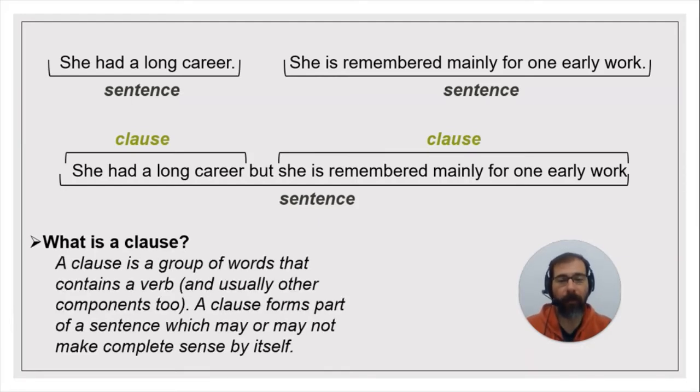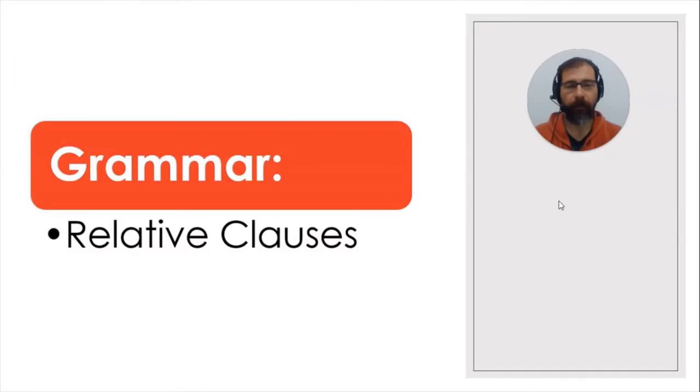A clause is a group of words that contains a verb and usually other components too. A clause forms part of a sentence, which may or may not make complete sense by itself. Now that we understand what sentences are and what clauses are, we can talk about relative clauses.